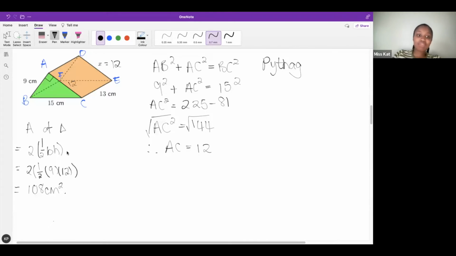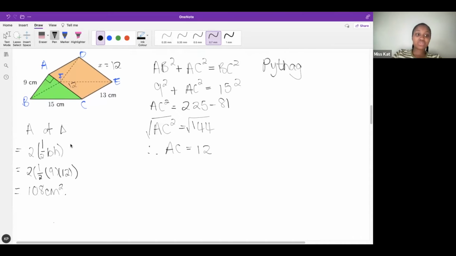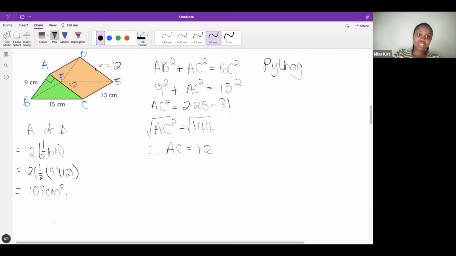Now to make life easier, I'm going to name these rectangles. So I'm going to start with this one that's facing us. Do you see this orange one that's facing us right now? ACED, yes. So I'm going to make life easier by naming them according to the letters that I've put there.